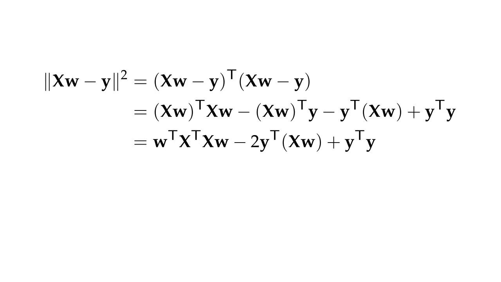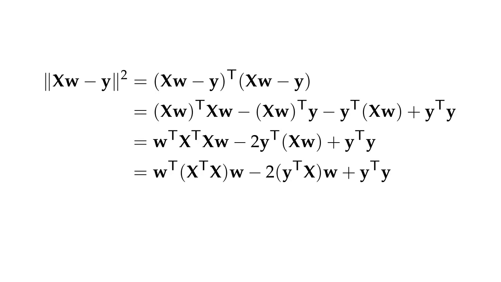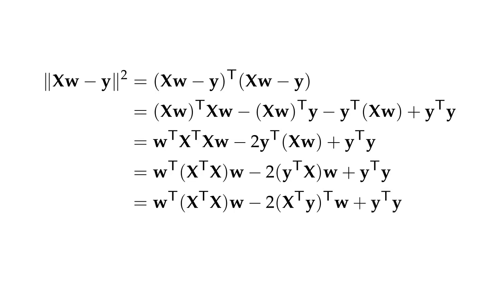Matrix multiplication is associative, so we can do a bit of re-bracketing here, which we do both in the first and second terms. We're again going to leave the first term as it is. We're going to once again apply the transpose identity in the second term, so it becomes 2 x transpose y all transposed times w, and again the last term remains unchanged. This then is our rearranged expression.